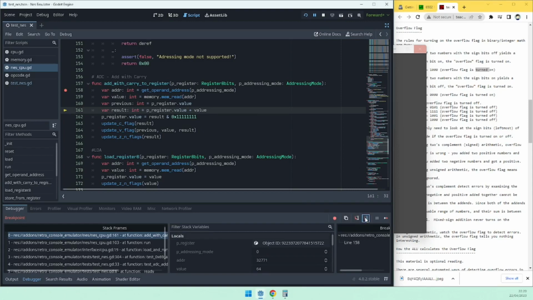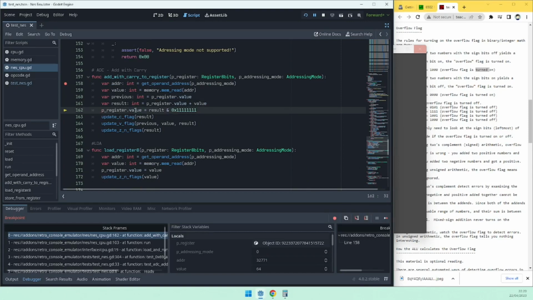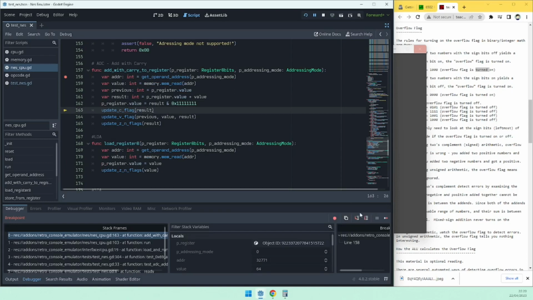So you add, and the new value should be 128. Why is that happening?